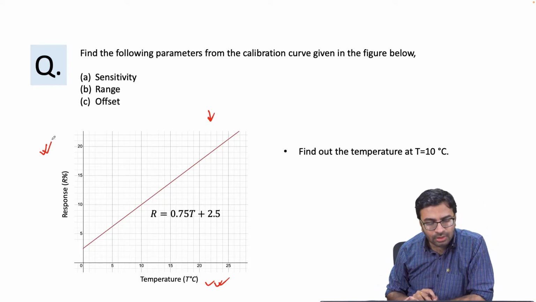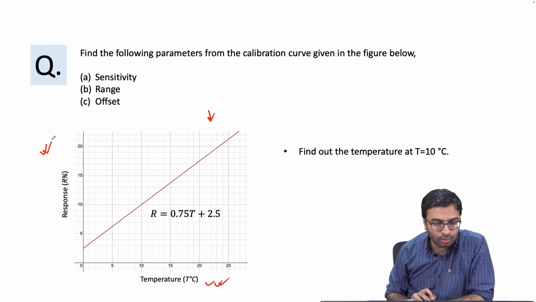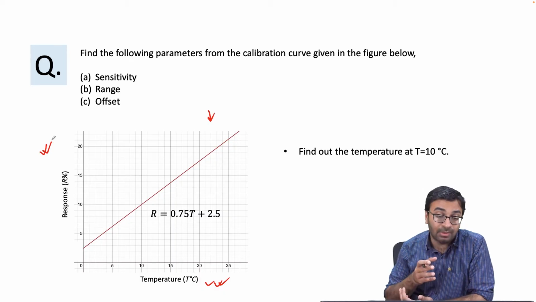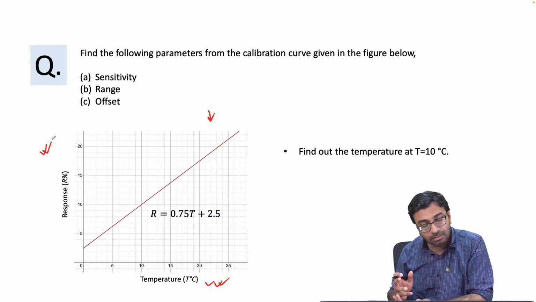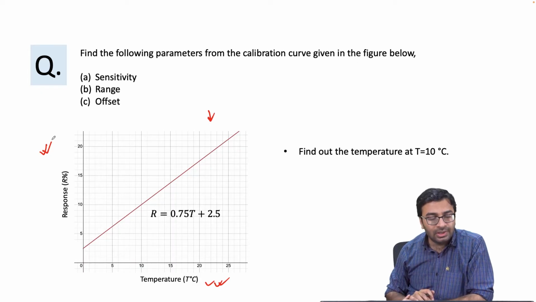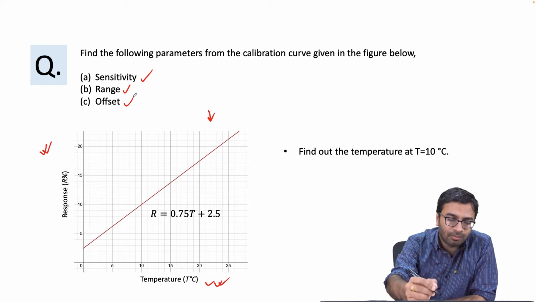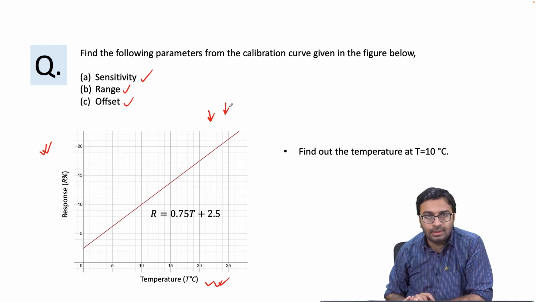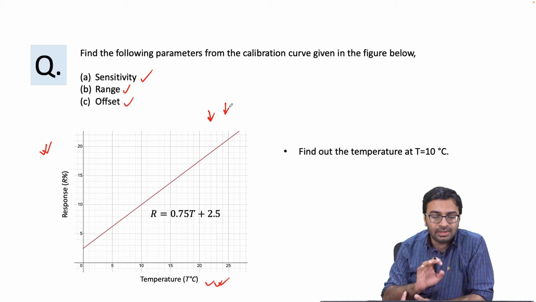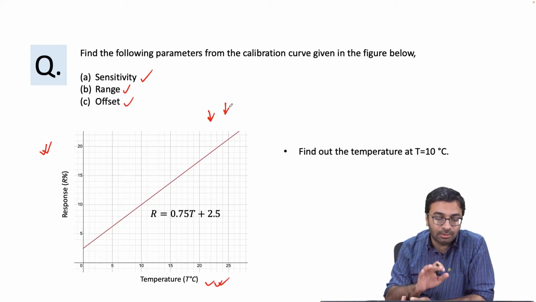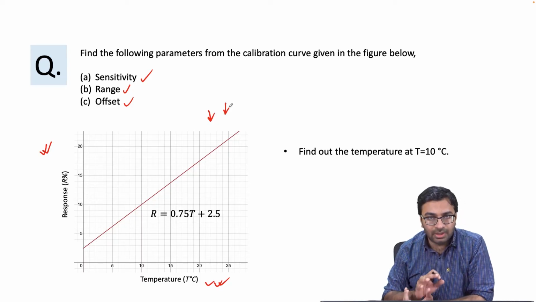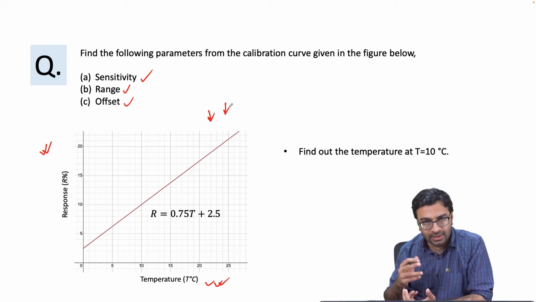At this stage, even if you do not know what type of sensor it is, I mean this can be a thermistor, this can be a capacitive temperature sensor, whatever it is, you will be able to calculate sensitivity, range, and offset from the given information. So I repeat, in this case you only know the calibration curve associated with the sensor, but you do not know whether it's a thermistor or a capacitive temperature sensor or a device based temperature sensor.